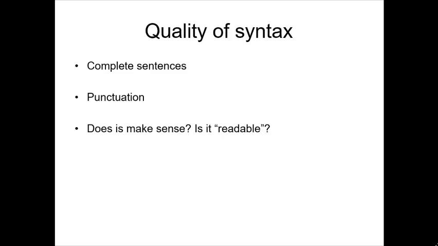It's hard to actually define what that means, but I know it as soon as I start reading it. I've had papers where it's taken me a long time to get through a sentence because I have to read the sentence several times just to figure out what it is saying. So make sure that it makes sense, it's complete, and it has the proper punctuation that provides that flow to your narrative. You can sense that as you're proofreading it. Does it have that flow that makes it more readable?